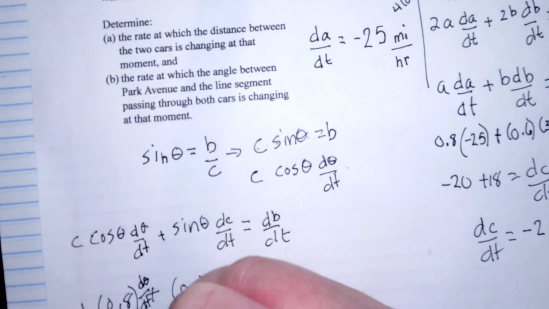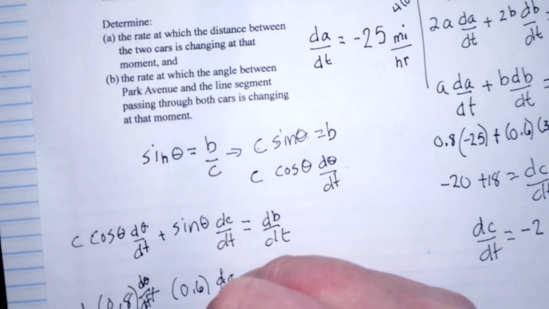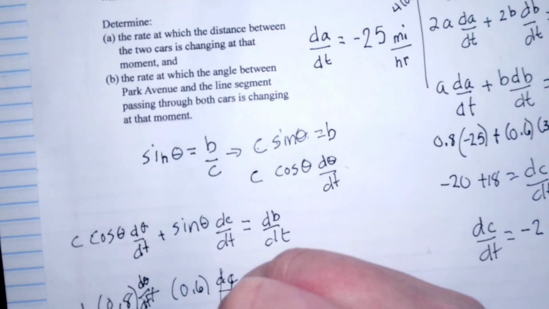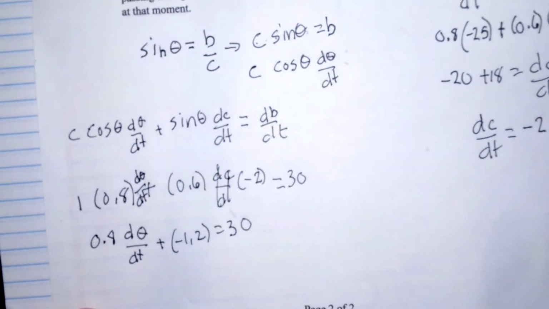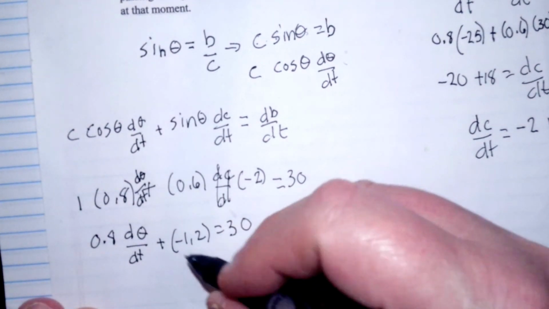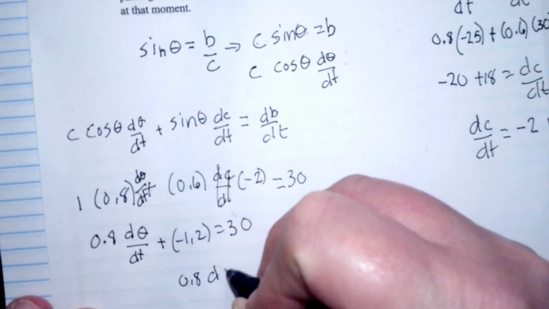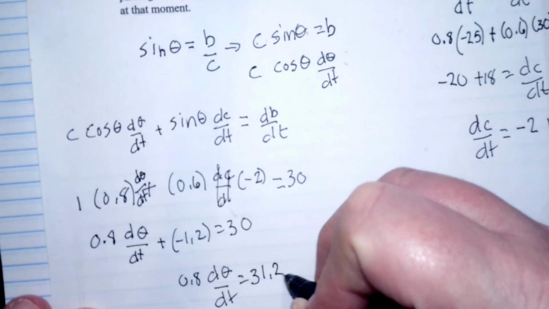I'm going to rewrite that so that it's legible. And let's see, that's going to be a negative 1.2 equals 30. So solving for d theta/dt should be fairly simple at this stage. Add 1.2 to each side, 0.8 d theta/dt equals 31.2.